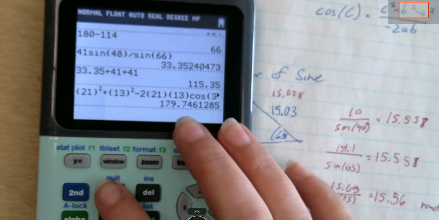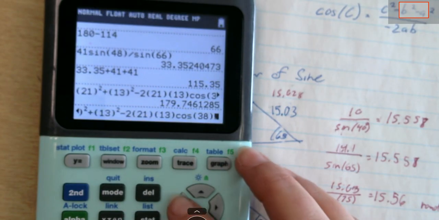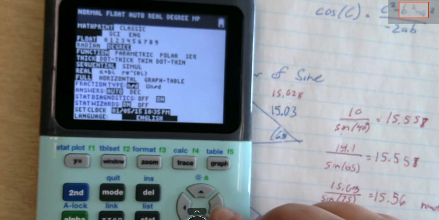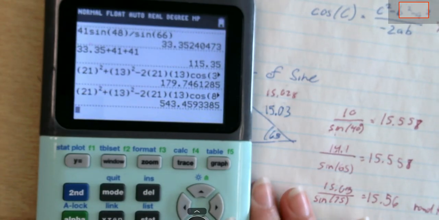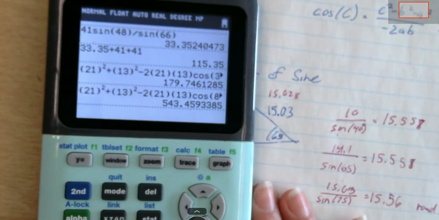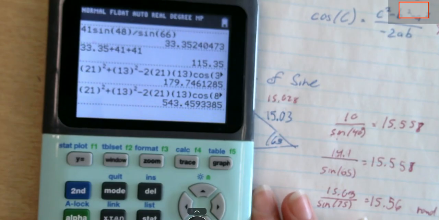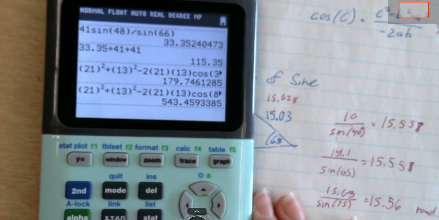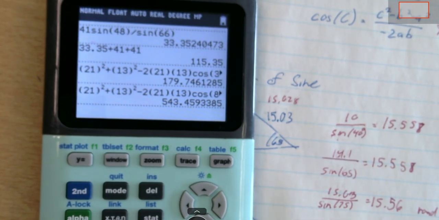Oh. Yep, you're right. I was going to say, that looks wrong. What did you all get? 7.7. You got 7.7? When you put in this equation?